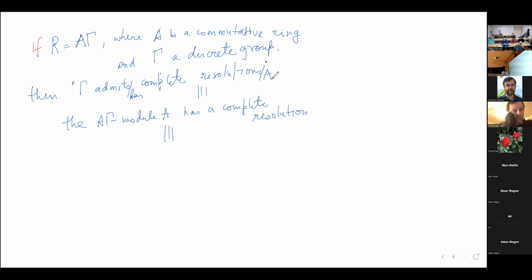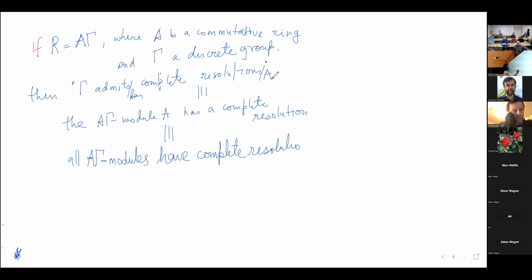And from here, we can say all A gamma modules have complete resolution.